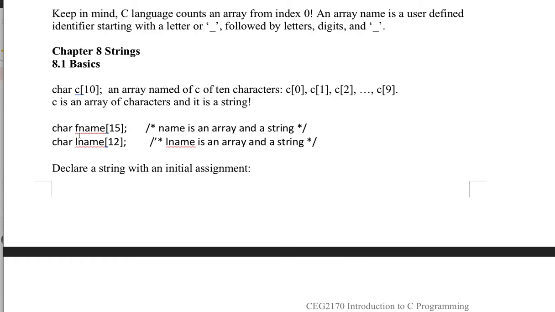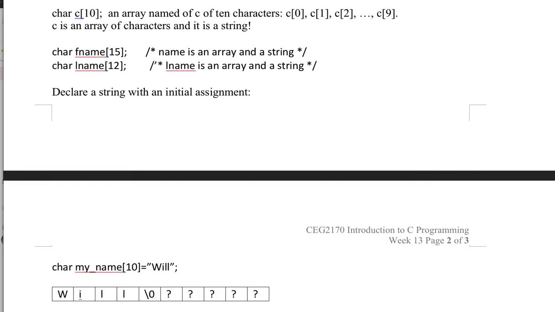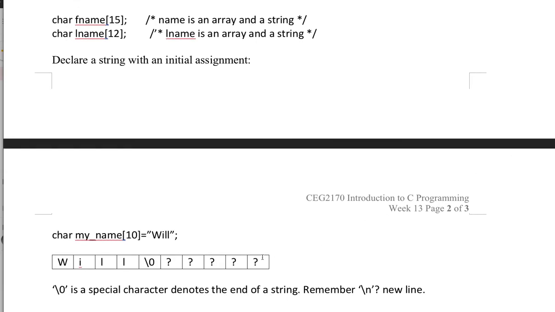When you declare a string, at the same time you can also make an initial assignment for the string. In this example, I declared a string, my_name, of length 10, and you can call me Will, so I put the name Will there.